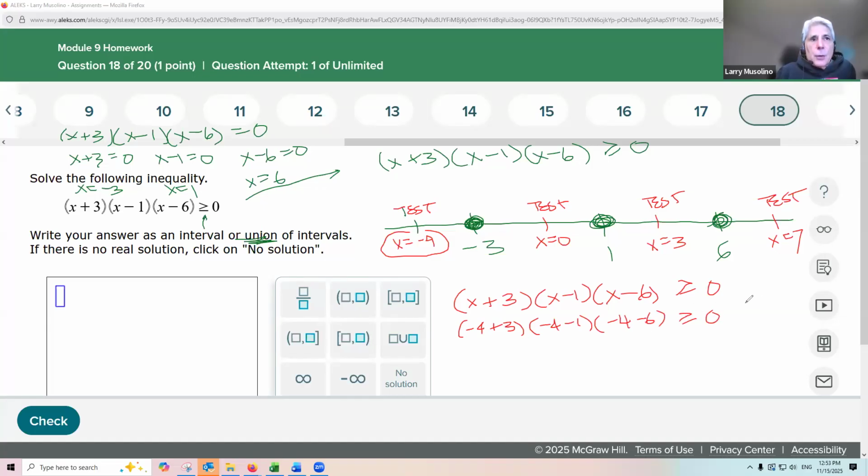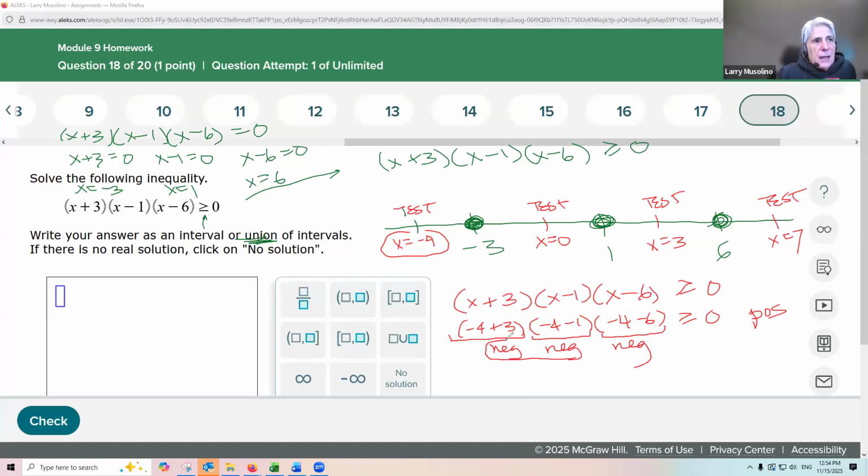To be greater than or equal to 0, I'm looking for answers that are positive. I'm only going to think about the signs, because all I really care about is the sign of the answer. -4 plus 3, that's negative. -4 subtract 1, that's negative. -4 subtract 6, that's negative.